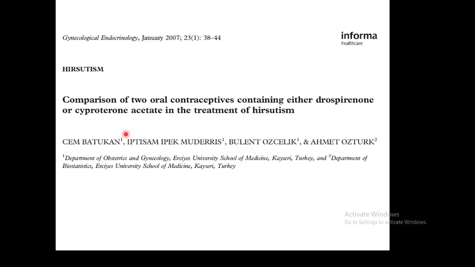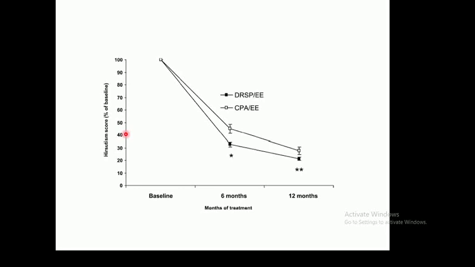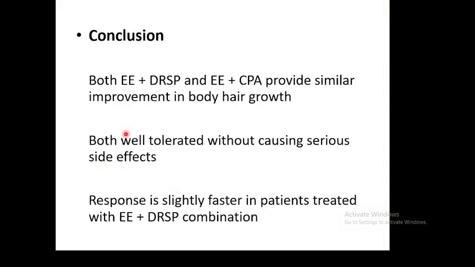The place in hirsutism or excessive hair growth. This is the evidence for drospirenone versus cyproterone acetate. Both drospirenone and cyproterone acetate containing COCPs provide similar improvement in body hair growth.